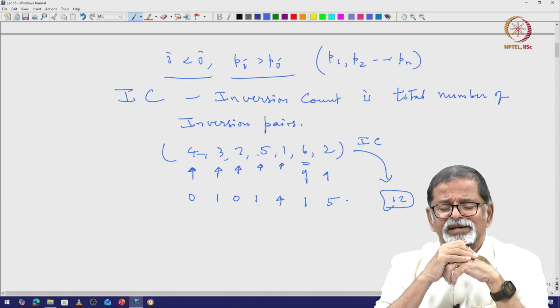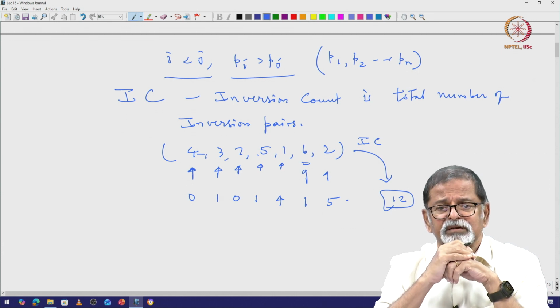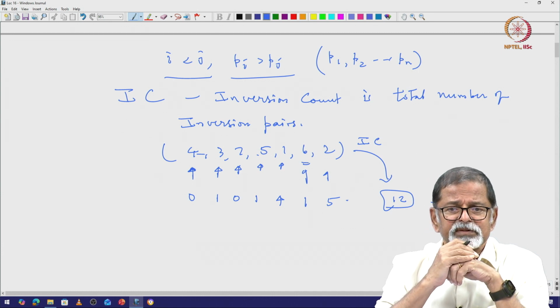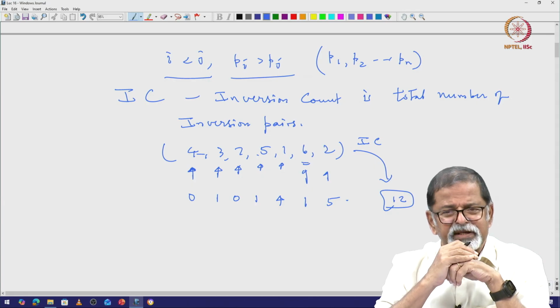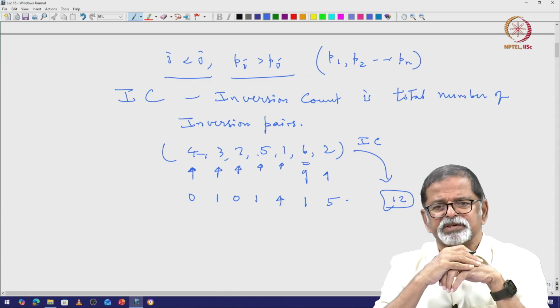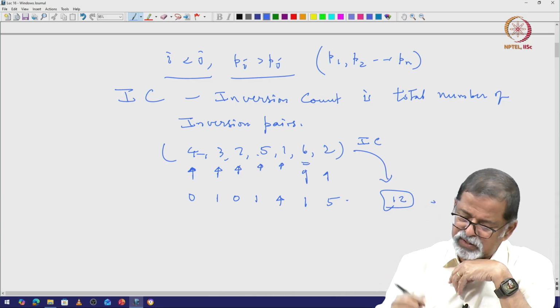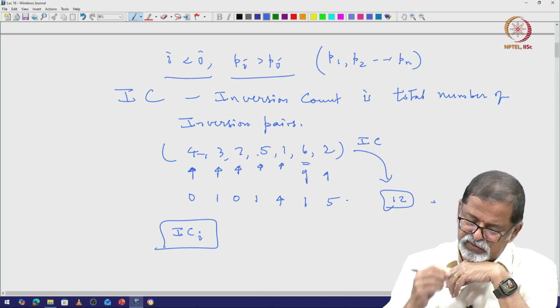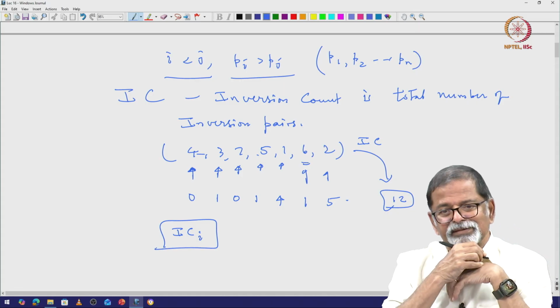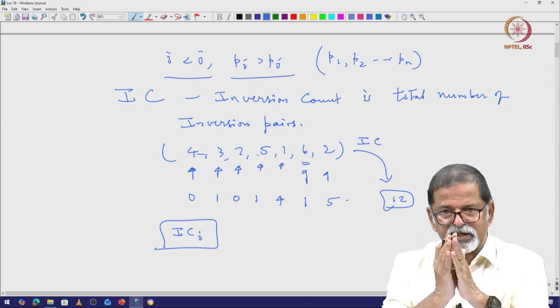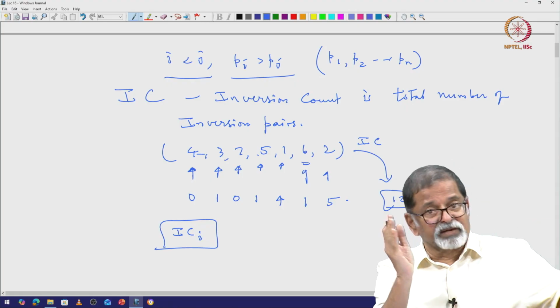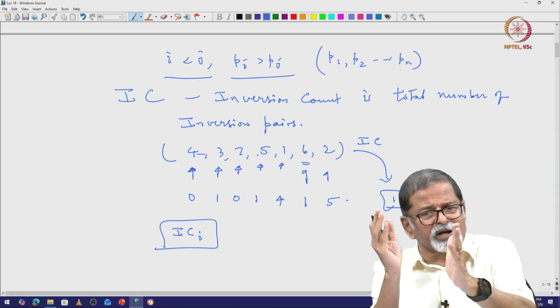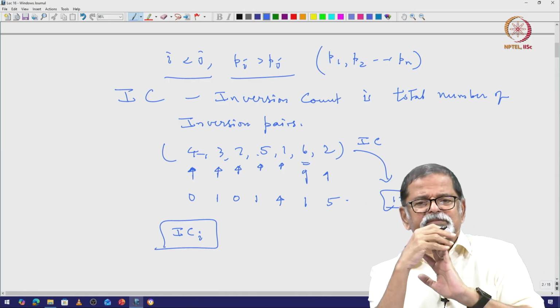So, what is a direct simple algorithm to find the inversion count? Very simple. Find the inversion count for the ith position. Okay. So, IC i will give you the inversion count of P i. Start from the ith position, go to the left, start from i minus 1 and keep going to the left.